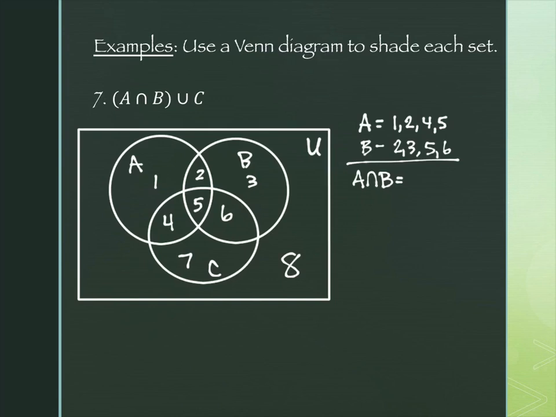The numbers that they have in common, right? The intersection of streets is where they cross. It's what they have in common. So looking at the list of A and the list of B, what numbers do they share in common? 2 and 5. Everybody good so far? Okay, we've done everything inside of the parentheses now.